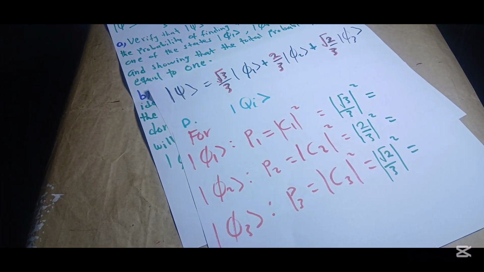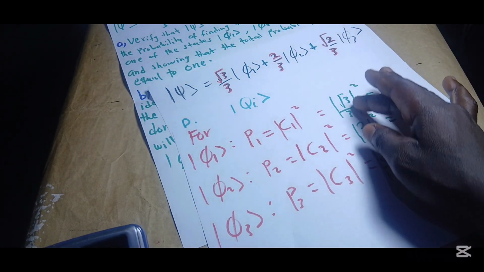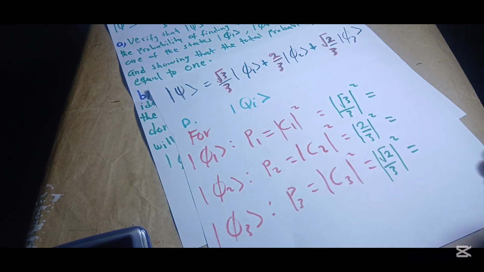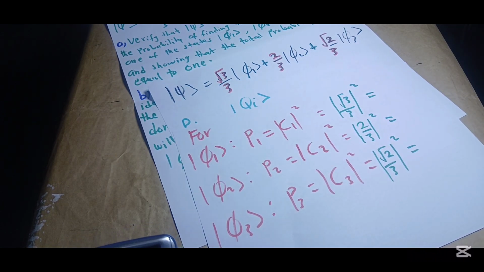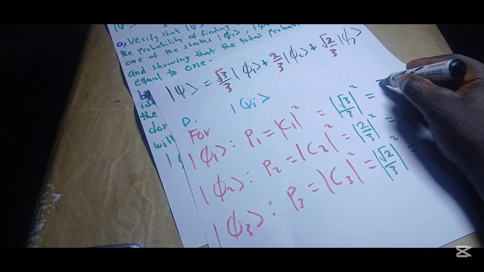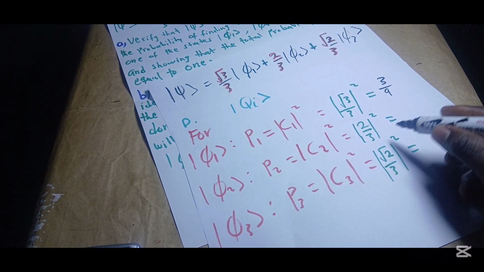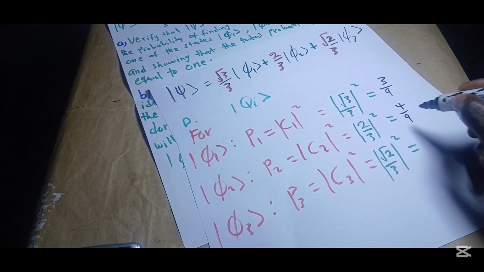So the absolute sign is telling you to just square whatever is here, and whether the answer is negative, you are going to take the positive part. So doing so, this one is going to give us 3 on 9. And this is going to give us 4 on 9.